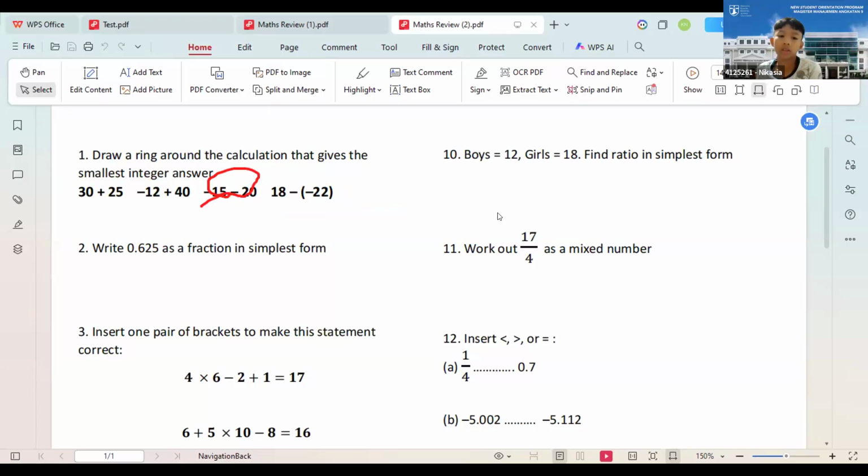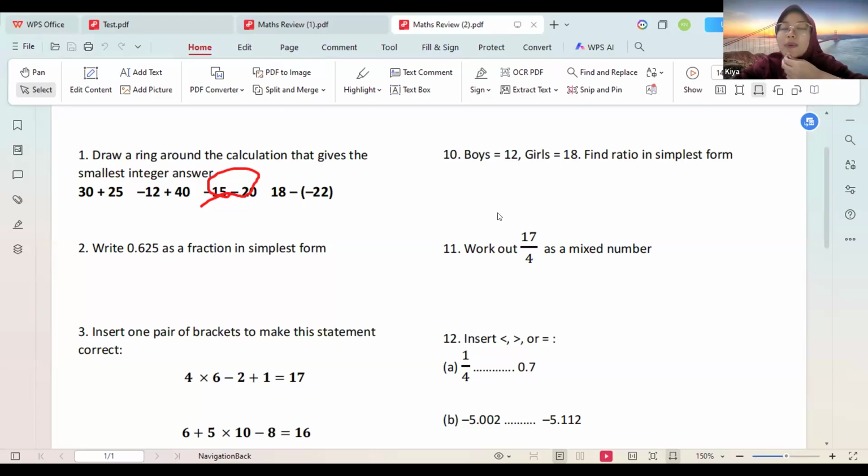Because negative 15 when it meets negative 20, the negative will become plus. Is that a multiplication, Jay? No. So this is addition, so you cannot use that concept.